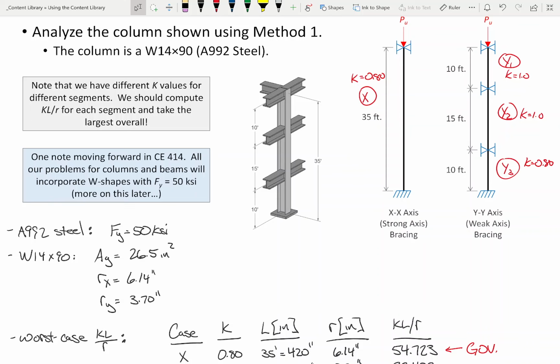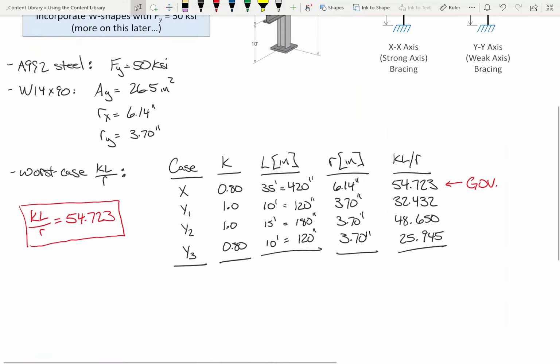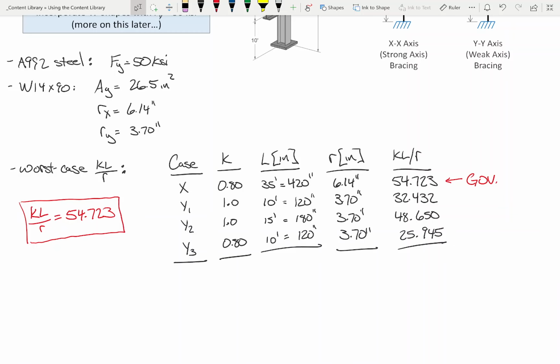Rewinding the clock a little bit, would you have done that? Probably not. Does that make sense? By the way, I have no problem if you make that determination on an exam or homework where you say, I just don't need to calculate all these. As long as you get the highest KL over R, that's fine. With me so far?